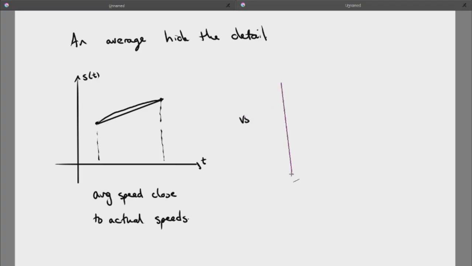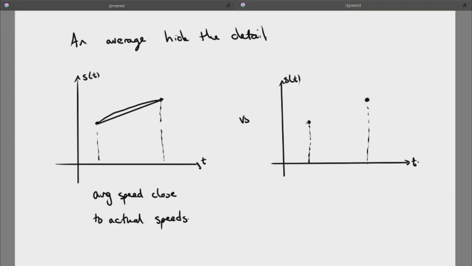But I could have driven a very different way and the average could be the same. If I have my 2 points here, exactly the same, I could have sped up and then slowed down and then sped up again. The average is going to be exactly the same.